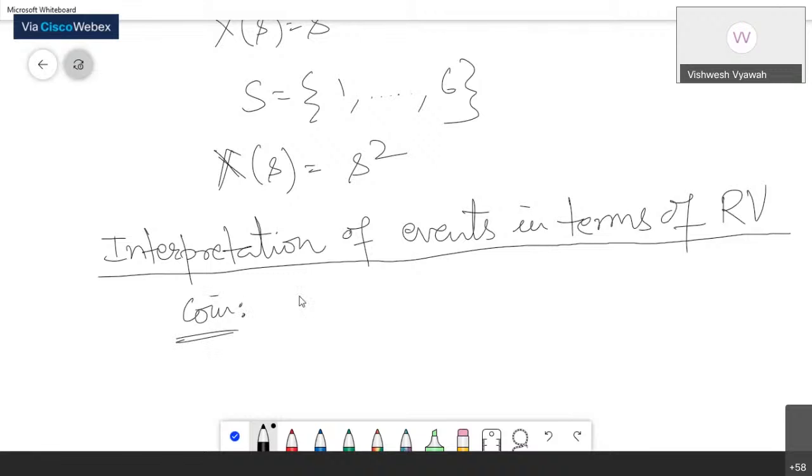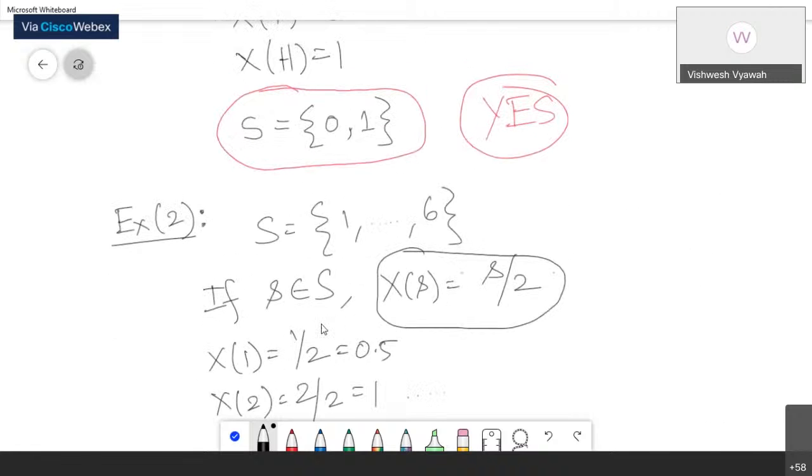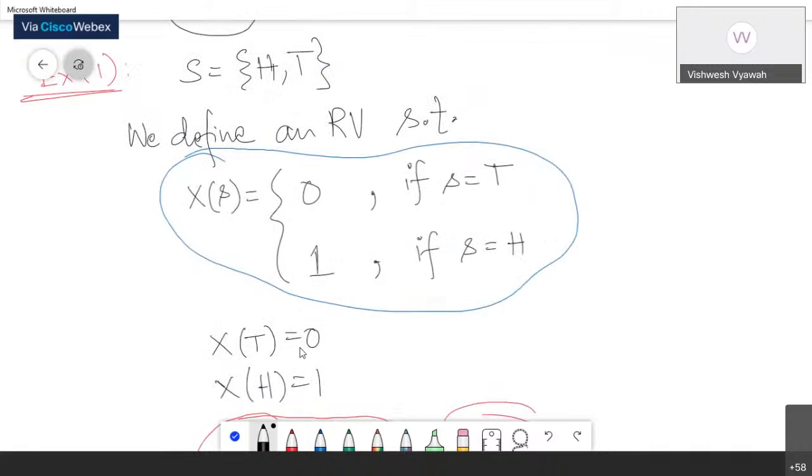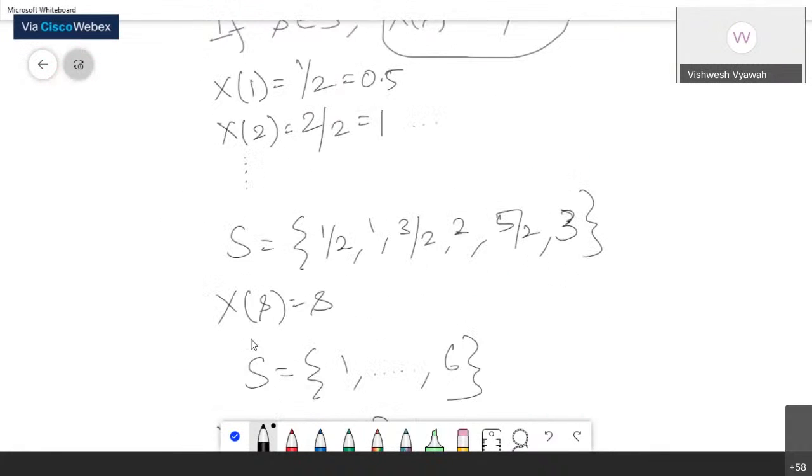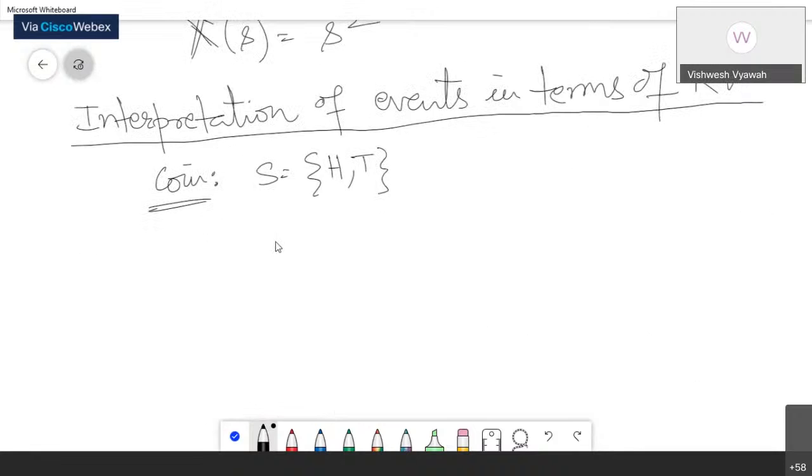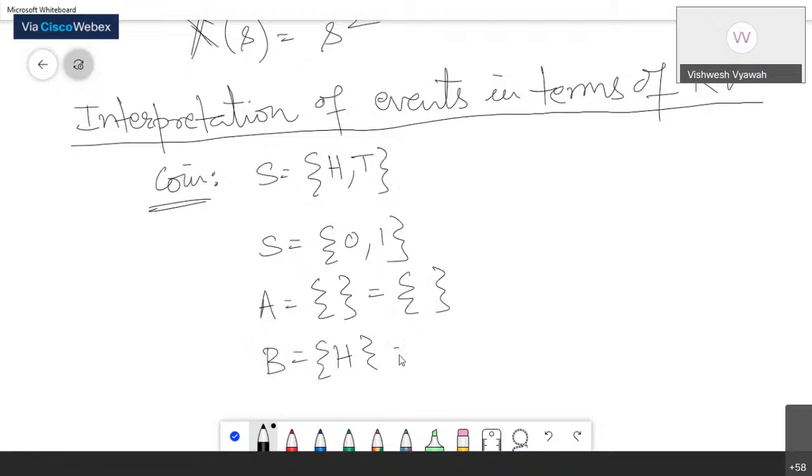About our experiment only. Start with the simple one, H comma T, and we define the random variable the way we have defined it here. This is how we define the random variable for this, and we have the new sample space as 0 comma 1. Now can you tell me what are the different events here? A, which is a null set, which is also a null set in terms of random variables. B, which is H, so in this case it is 1.